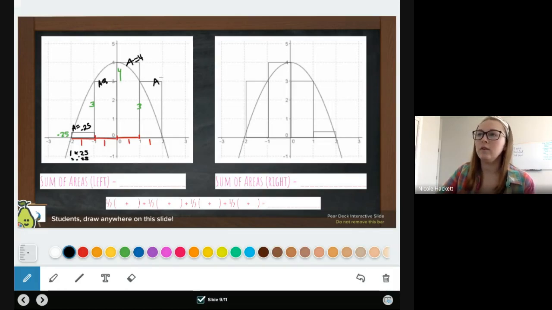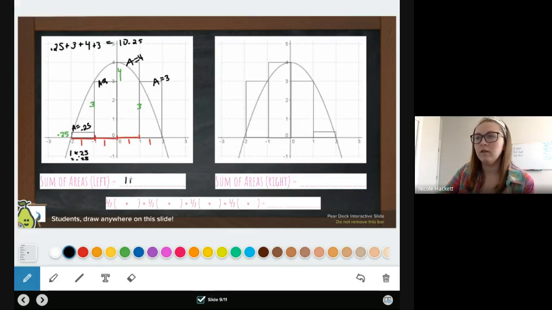The area of this one is 3, because 1 times 3 is 3. So I'm going to add those 4 together. So 0.25 plus 3 plus 4 plus 3. I get 7 plus 3 more is 10, plus that 0.25. So I have 10 and a quarter, 10 and 1/4, 10.25, all the same.